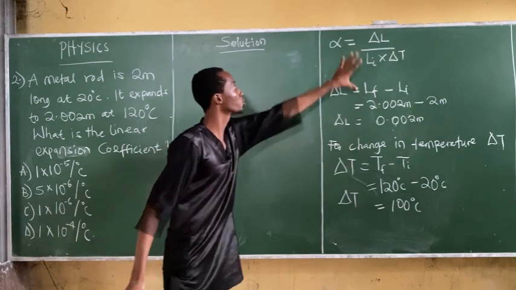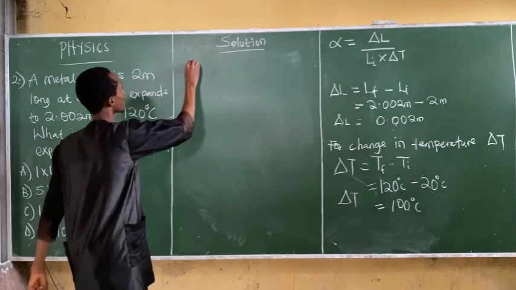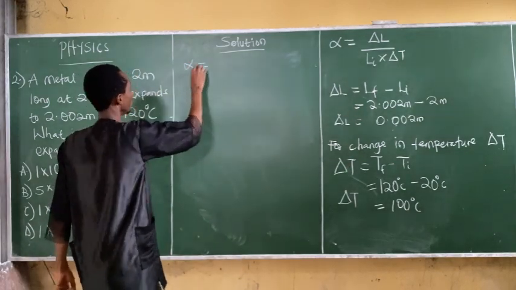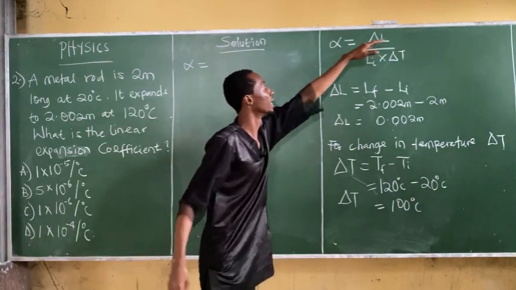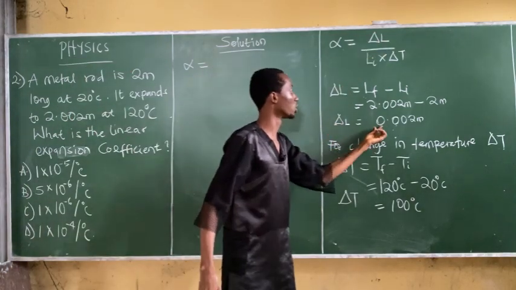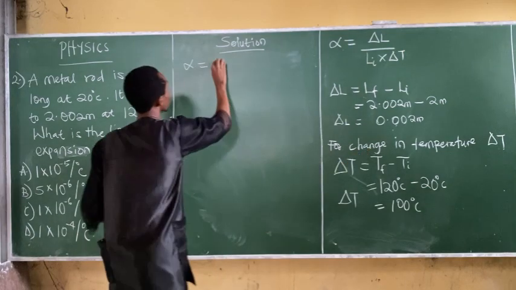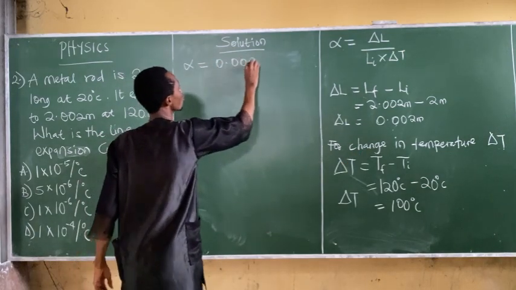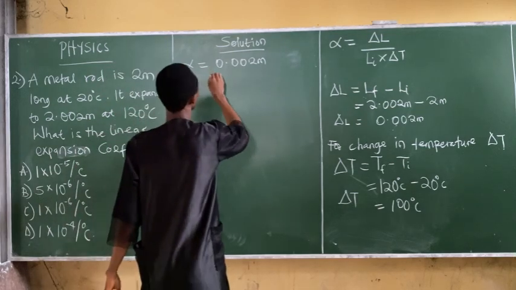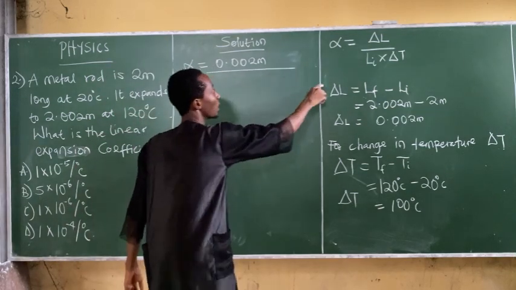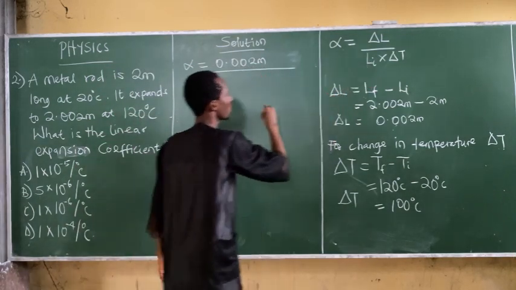If we put these values into this formula, we have that the linear expansion coefficient is equal to change in length. Our change in length is what? 0.002 meters divided by our initial length.